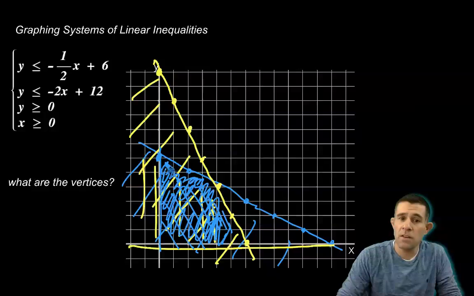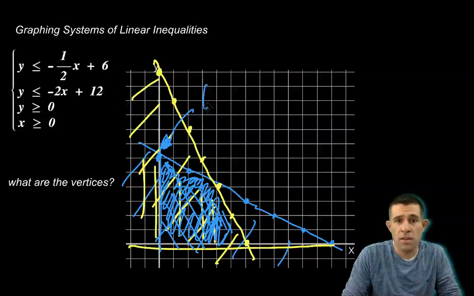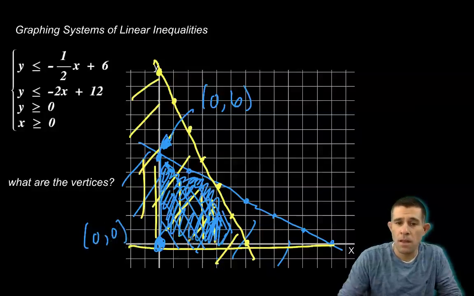So let's just kind of carefully go around to the vertices of this feasible region. So this vertex right here that I'm pointing to was the y-intercept of our first line. So that is at 0 over and 6 up. All right, let's go down to the origin. That's another vertex that we have of this feasible region. That's 0, 0. And then if we come across the x-axis, we see that this is 1, 2, 3, 4, 5, and 6.